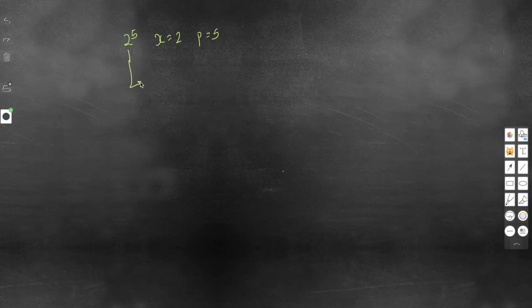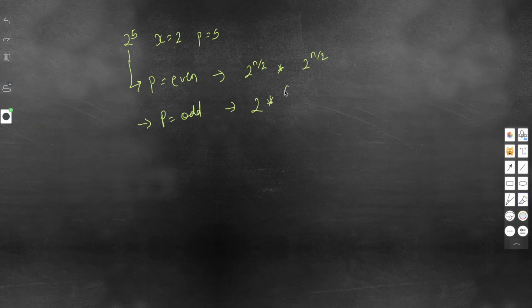If p is even, then we can calculate the power as x to the power p by 2 into x to the power p by 2. If p is odd, then we can calculate it as x into x to the power p by 2 into x to the power p by 2.